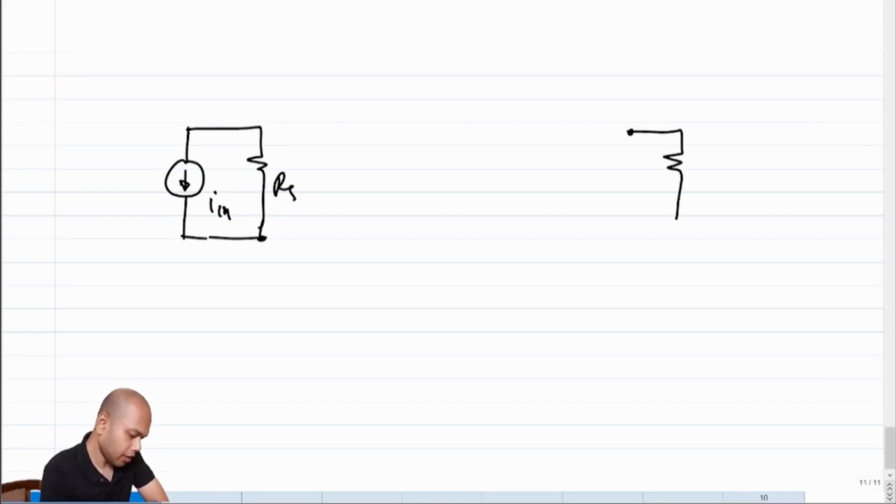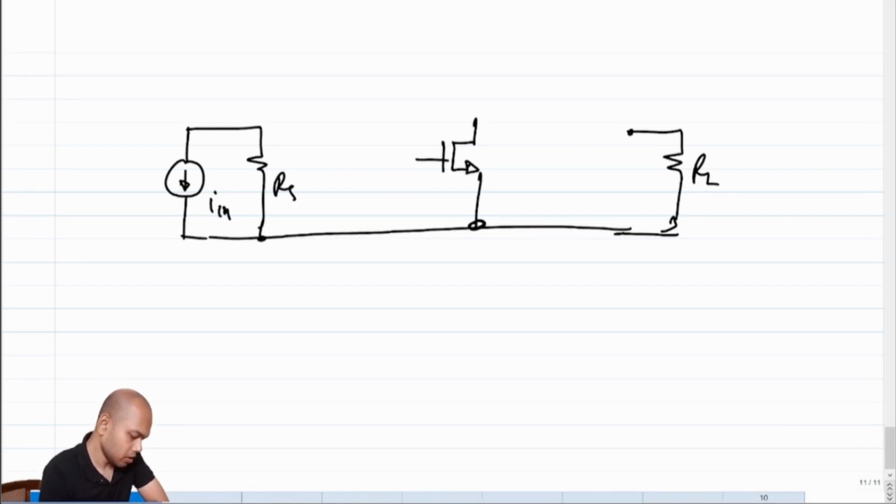And we have RL, and instead of G times VE, we have to put a MOSFET where the source is grounded, right? Source is grounded.